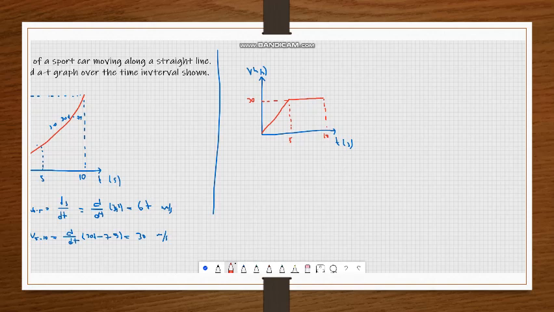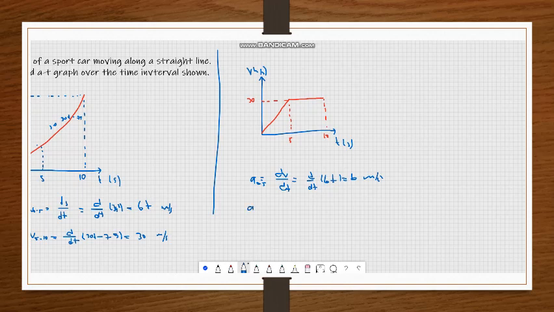If we want to use this and find the acceleration term, we know that a is dv over dt. For a from 0 to 5, dv over dt is d over dt of 6t, which is a constant 6 meters per second square.